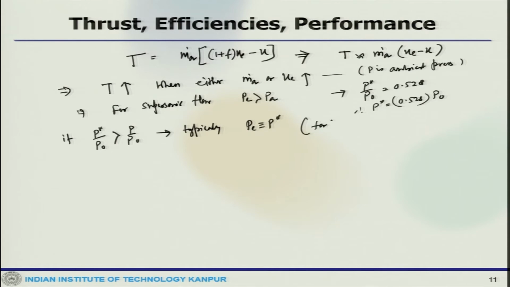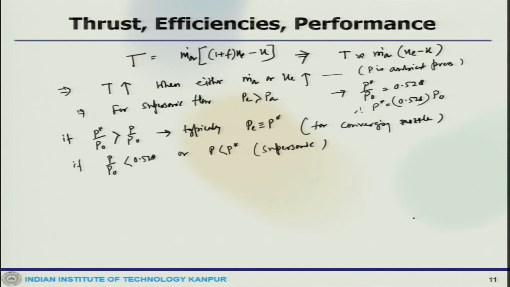This is for a converging nozzle. If P by P naught is less than 0.528, or P is less than P star, this is the case when it is supersonic.